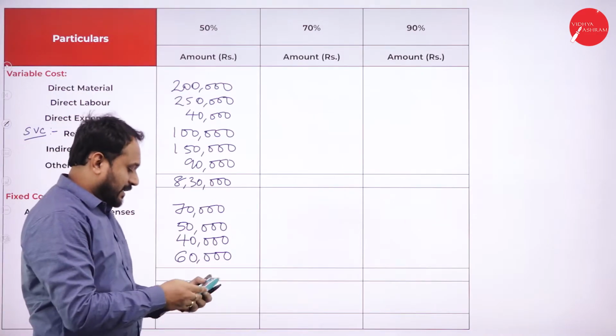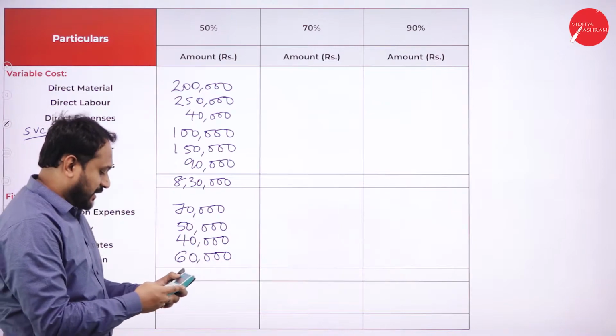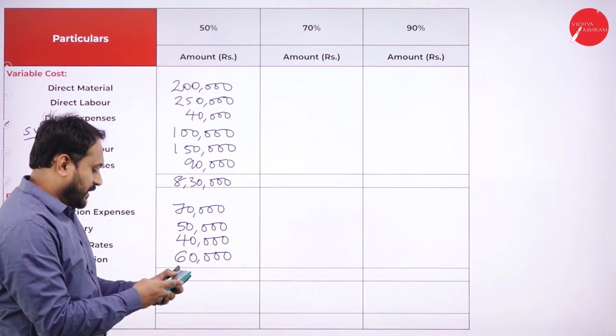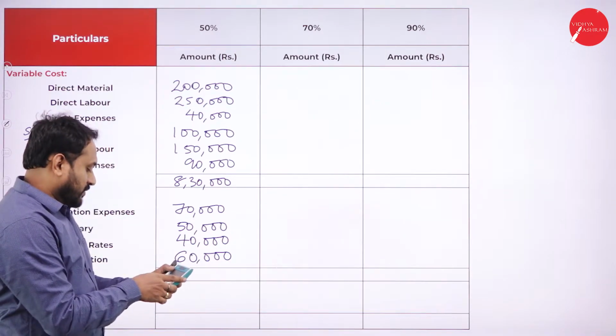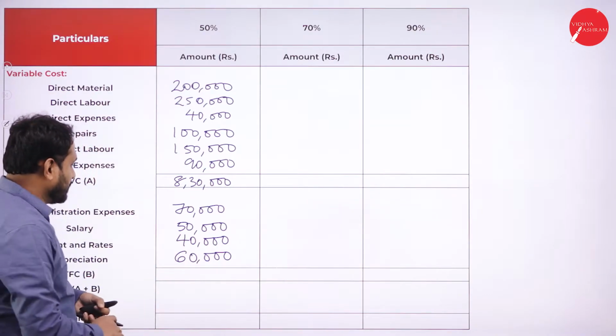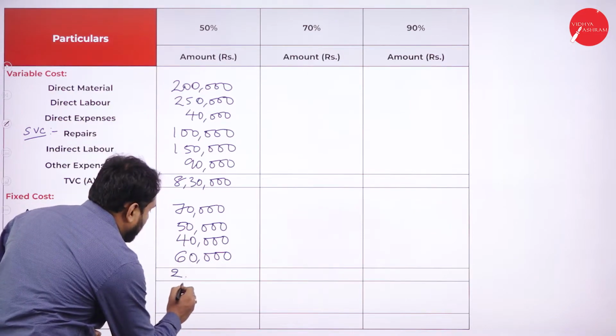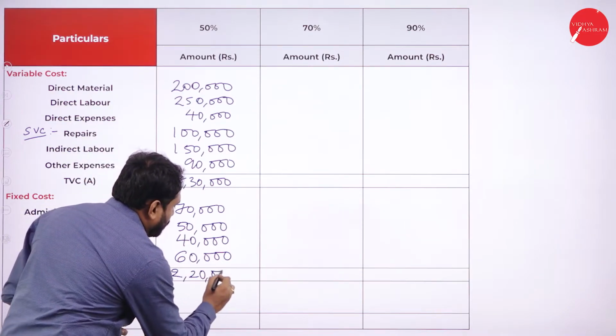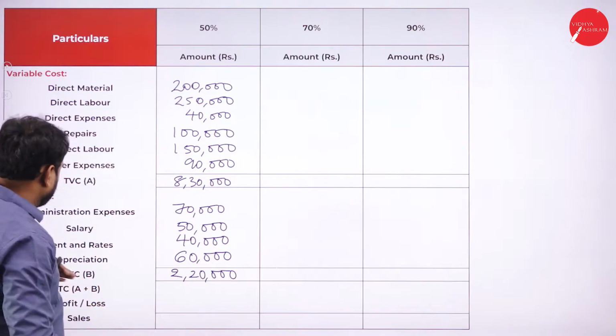So take your calculator and go with it. We have 70 plus 50 plus 40 plus 60. It is 2,20,000 rupees.